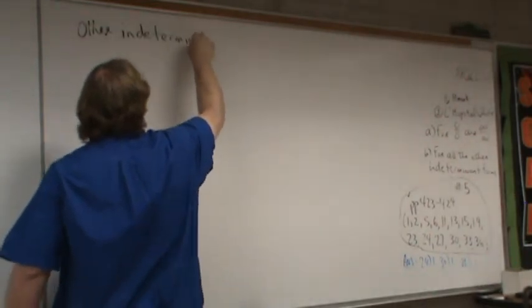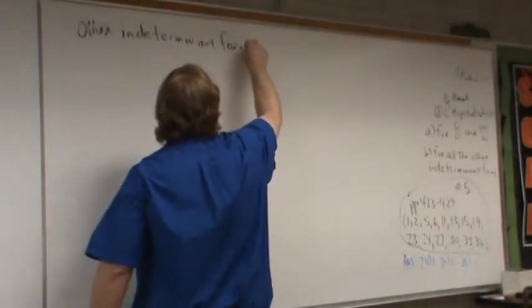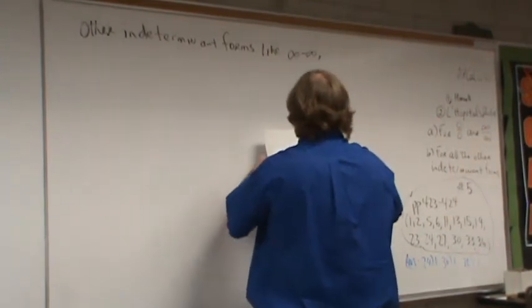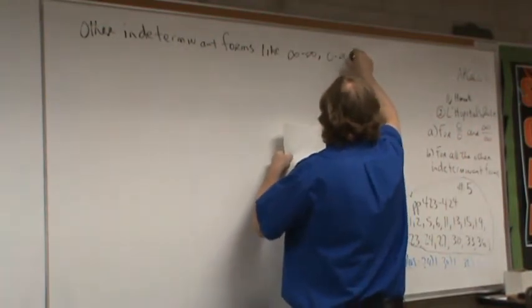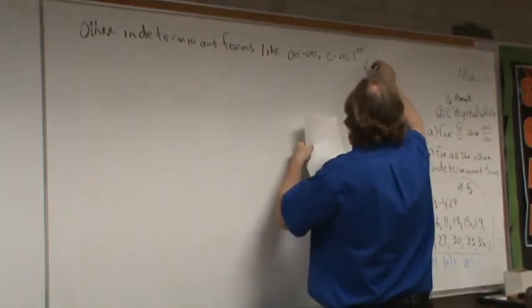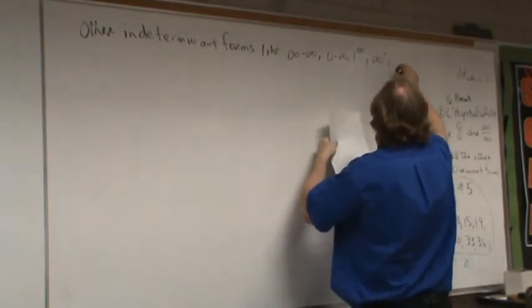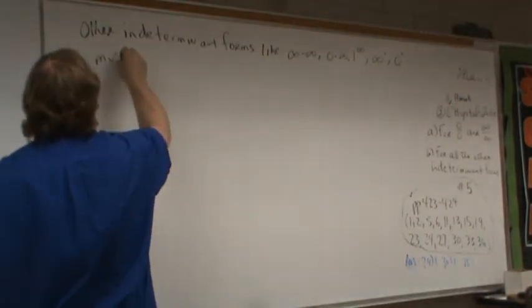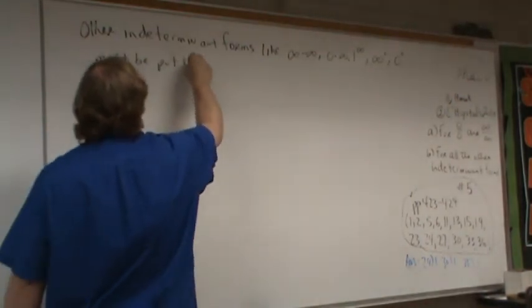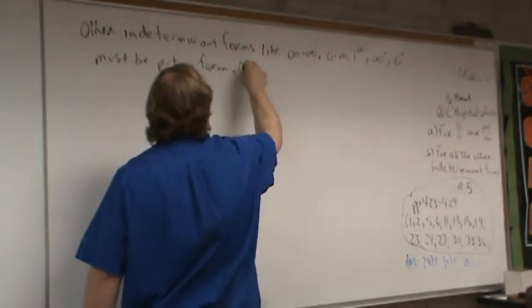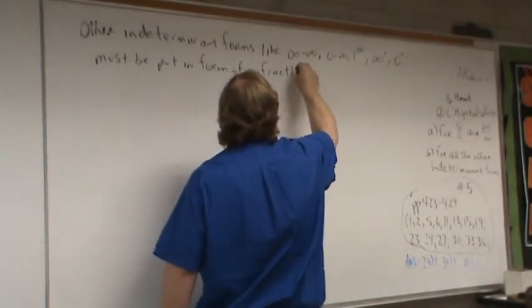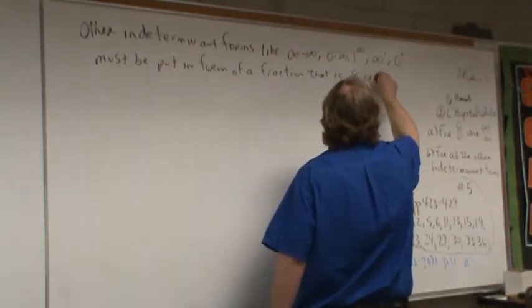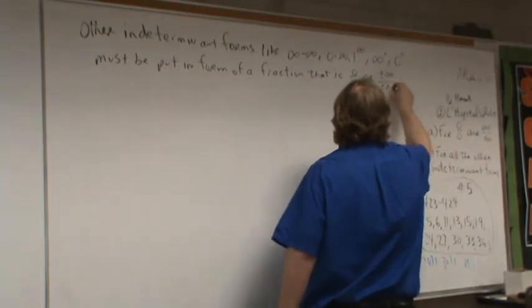Indeterminate forms like infinity minus infinity, 0 times infinity, 1 to the infinity power, infinity to the 0 power, 0 to the 0 power must be put in the form of a fraction, that is 0 over 0 or plus or minus infinity over plus or minus infinity.